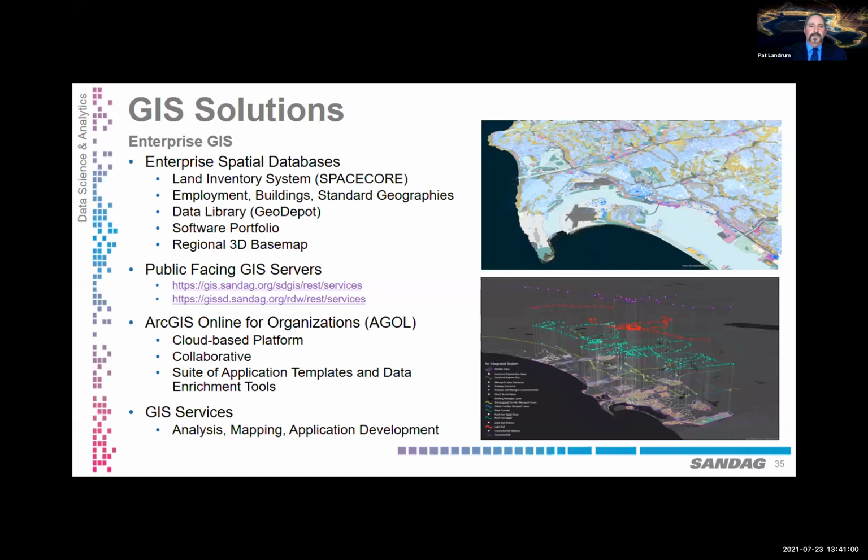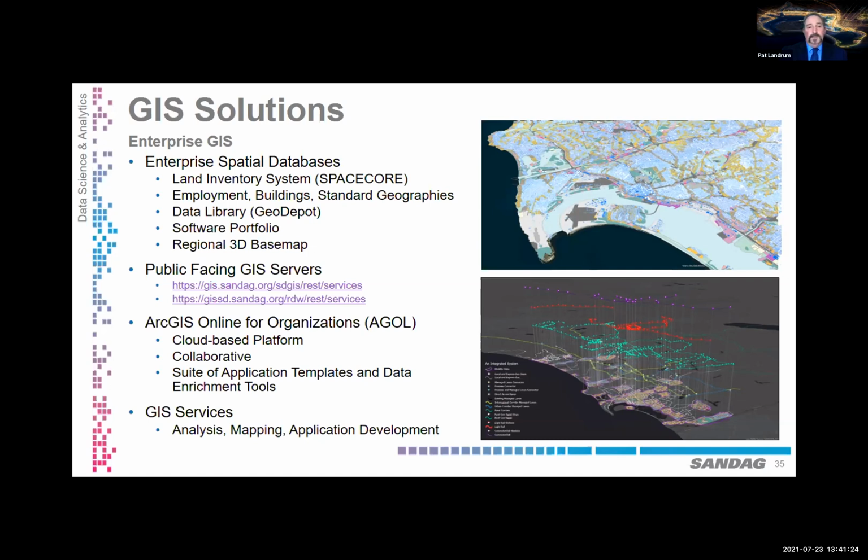We also have a data library for all of our internal users by thematic category: elevation data, land use data, cartographic layers, many different layers for all of our users internally to access, both through GIS software as well as programmatically in the forecasting and modeling tools.